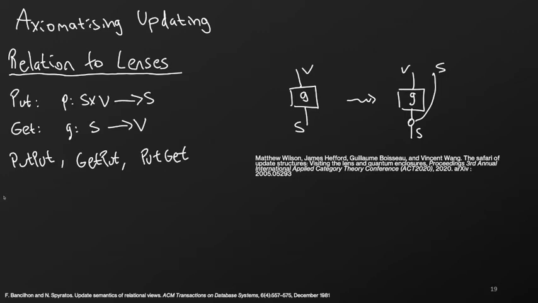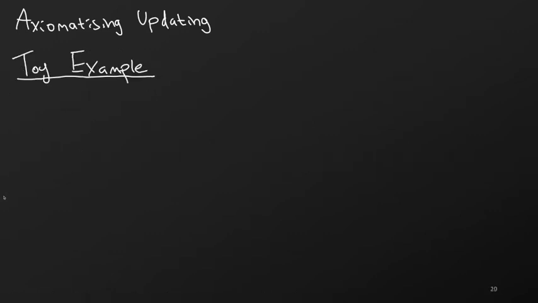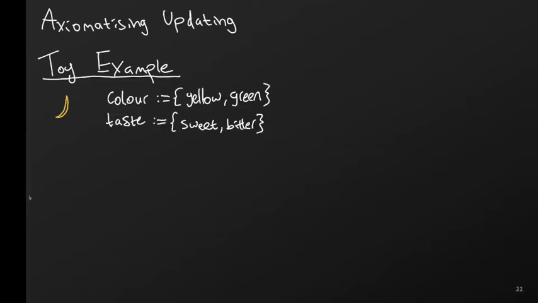Okay, so maybe a toy example of these sorts of structures would be good. So imagine the aforementioned banana that Vincent had earlier, and here's an artistic interpretation of one. Bananas are typically either green or yellow, and they taste either sweet or bitter. And thus, we could imagine trying to model a banana as a pair of a color and a taste.